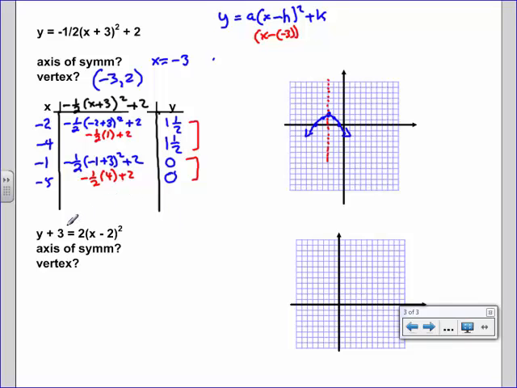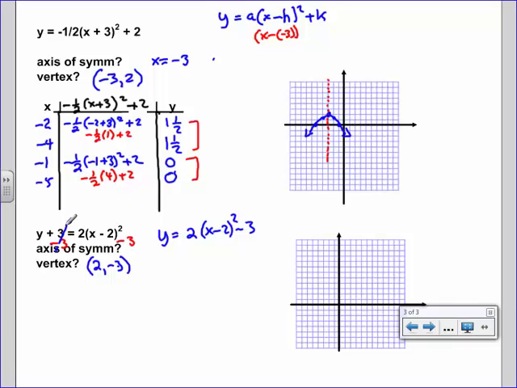If you look at this next problem, well, we're almost in vertex form. If we just did one simple step here and subtracted 3 from both sides, we would then have y equals, so your vertex in this case would be 2, negative 3.